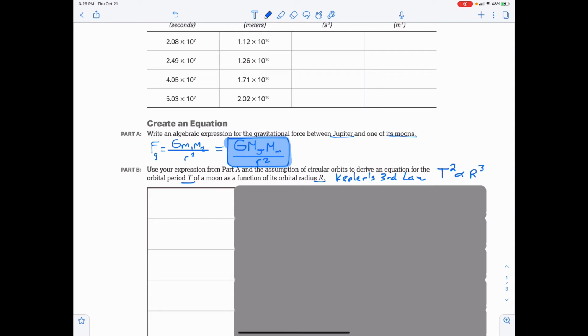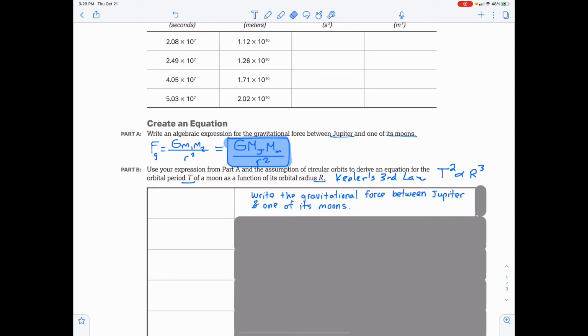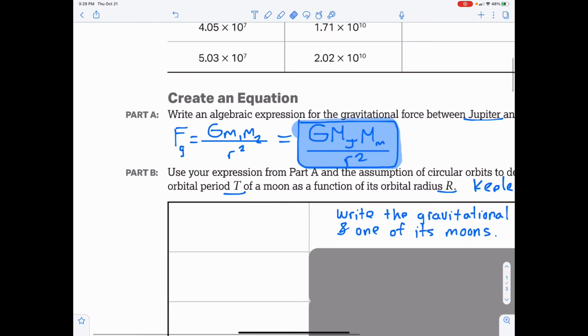Let's see how we get that. Start with the following. Write the gravitational force between Jupiter and one of its moons. Well, we did that. We're just going to recopy it down.